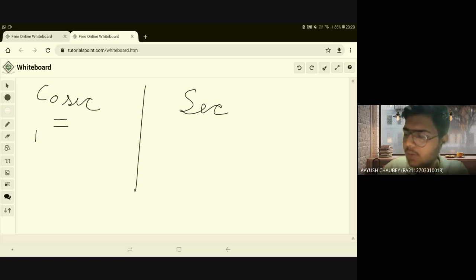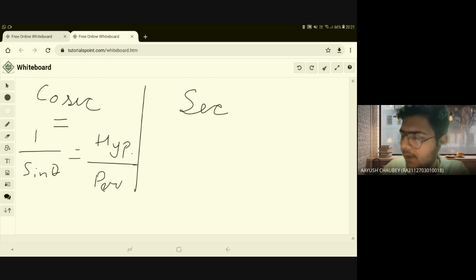Cosec is simply 1 upon sine theta, or you can write it as hypotenuse upon perpendicular. And sec is none other than 1 by cos, which is simply hypotenuse upon base.